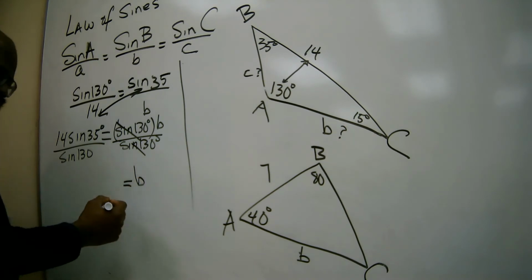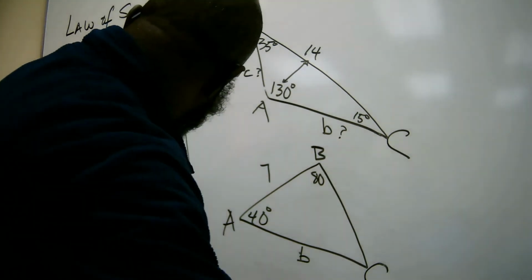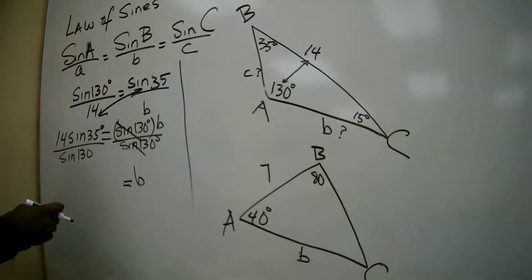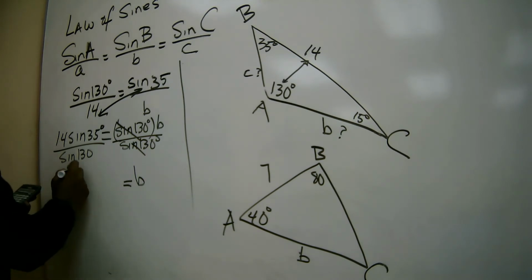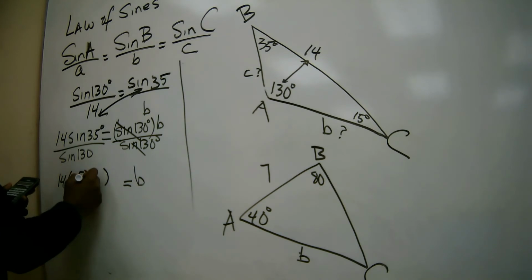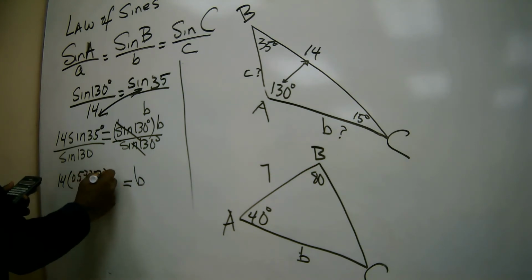So get your calculator ready. I'm going to find sine of 35. Calculator, make sure it's in clear mode. Sine of 35. And I'm going to multiply this by 14. So I will end up with 14 times sine of 35, which is 8.030.